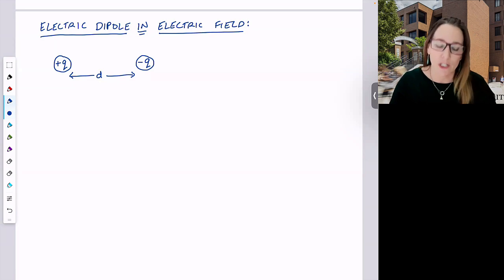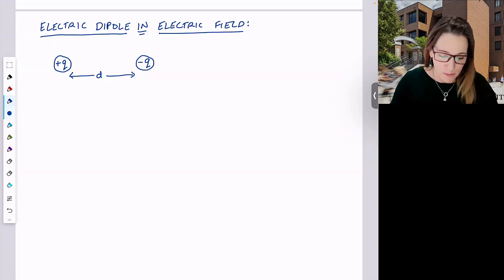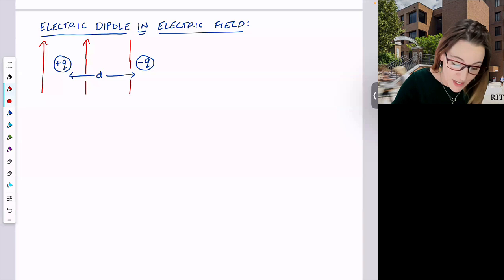So this is our electric dipole, and what we're going to do now is put this electric dipole in an electric field. We're not yet going to be talking about the field that the dipole creates, because of course there's a field around this dipole.